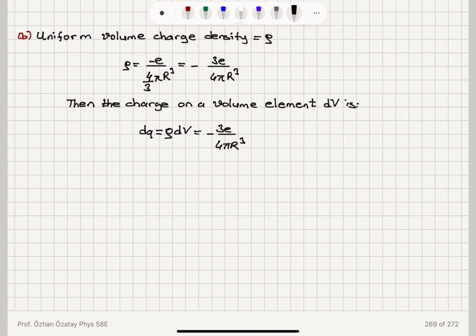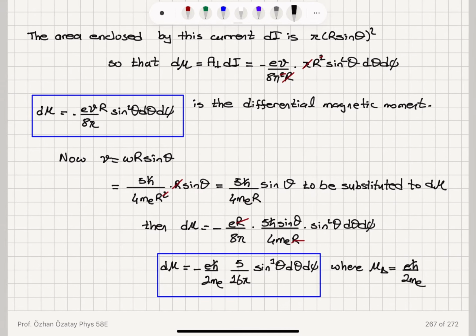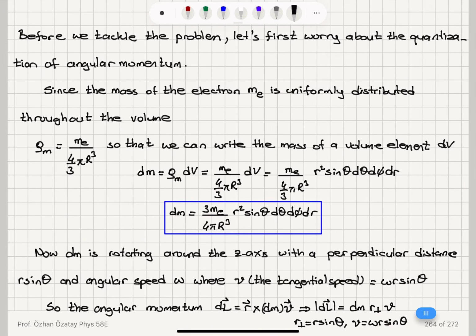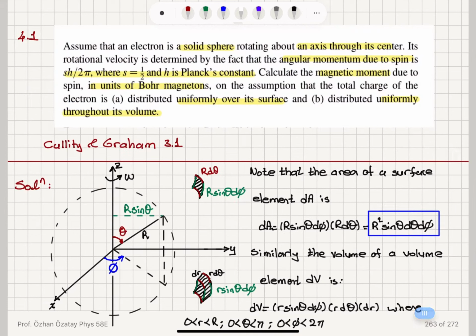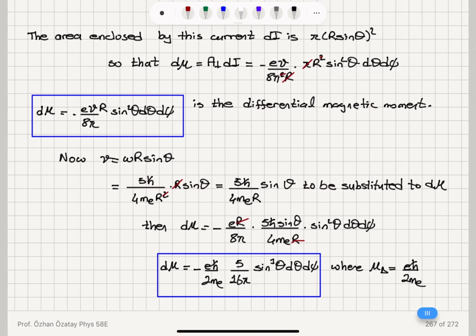Now we have to recall the volume element of a sphere. So we have seen at the beginning that the volume element will have r squared sine theta d theta d phi, so sine theta r squared dr d theta d phi, and r will be varied between 0 to capital R, theta between 0 and pi, phi between 0 to 2 pi to cover the full sphere.